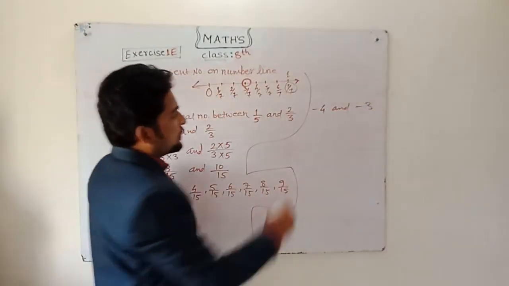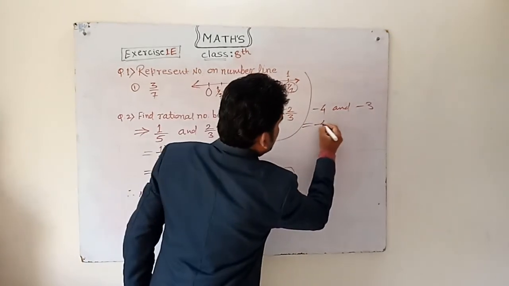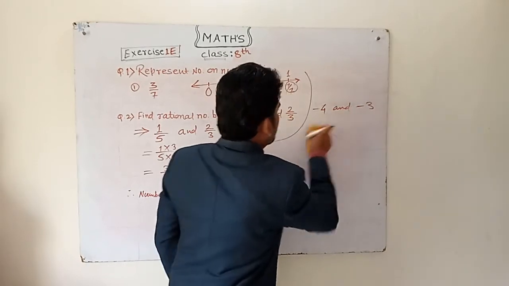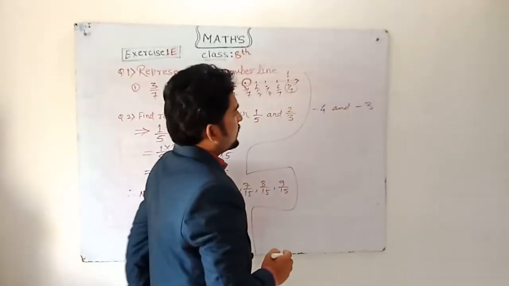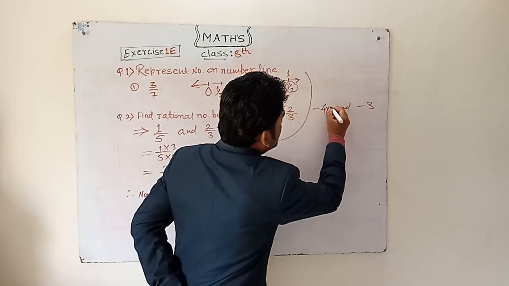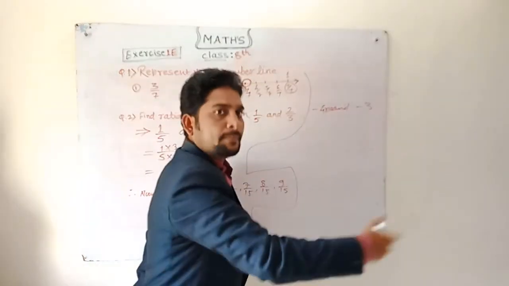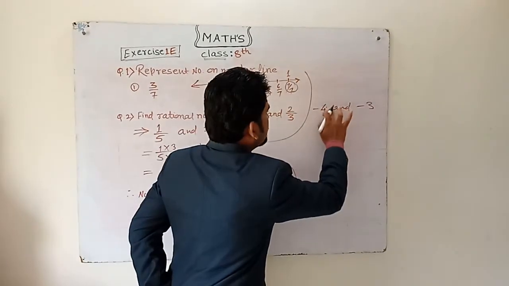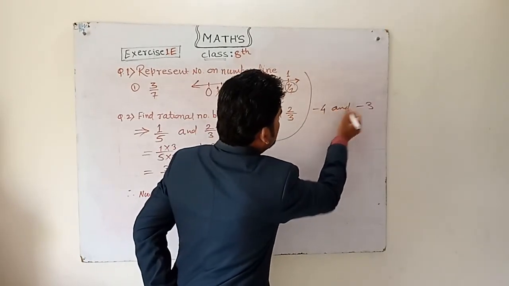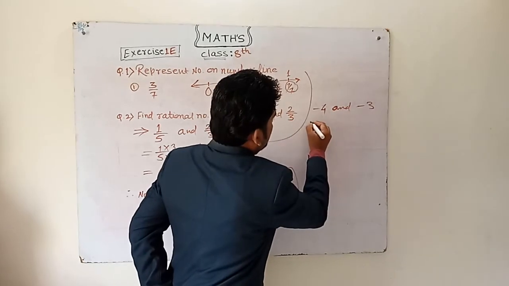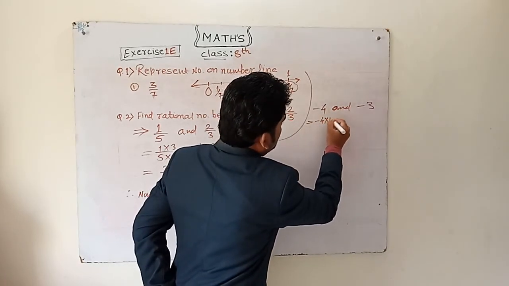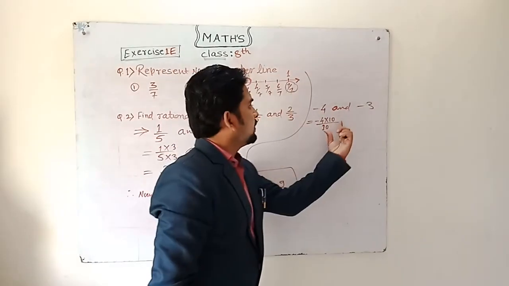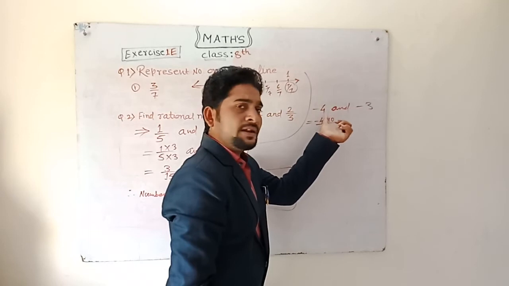So how will it be? Take -4 as it is. You have to multiply and divide by 10, or by 100, or by 1000, no issue. -4 into 10 divided by 10. Is there any change in this value? The 10 cancels, the answer is -4 only.